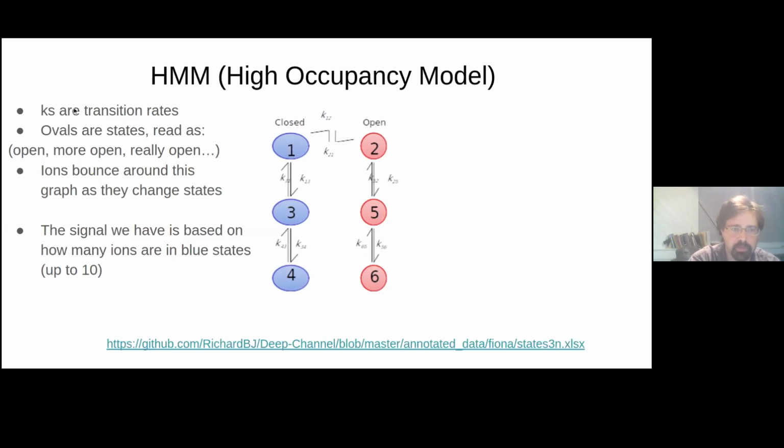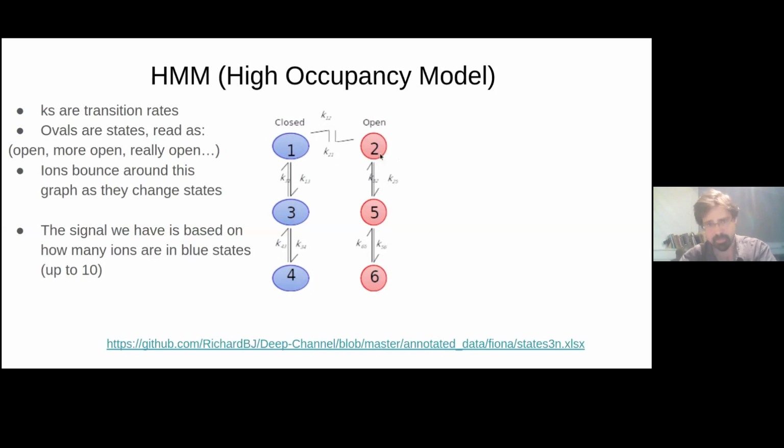In this graph, there are little subscripted Ks on each one of these arrows. These are called transition rates. Imagine that in this model, if it's a max 10 channel model, then there'd be 10 black dots floating around in some of these ovals.